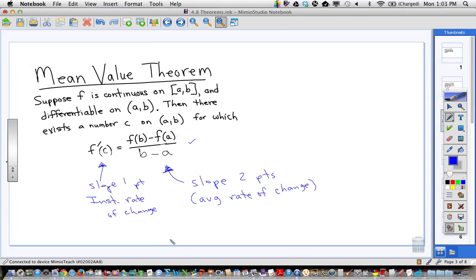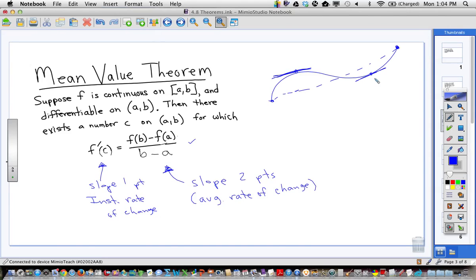So the picture I had up here earlier, if I have a nice smooth function like this, where the slope between the endpoints would be this, then there has to be some point in between. Actually, in this one, there's a couple of them. There has to be some point where the slope at that point is the same as the slope between the endpoints.